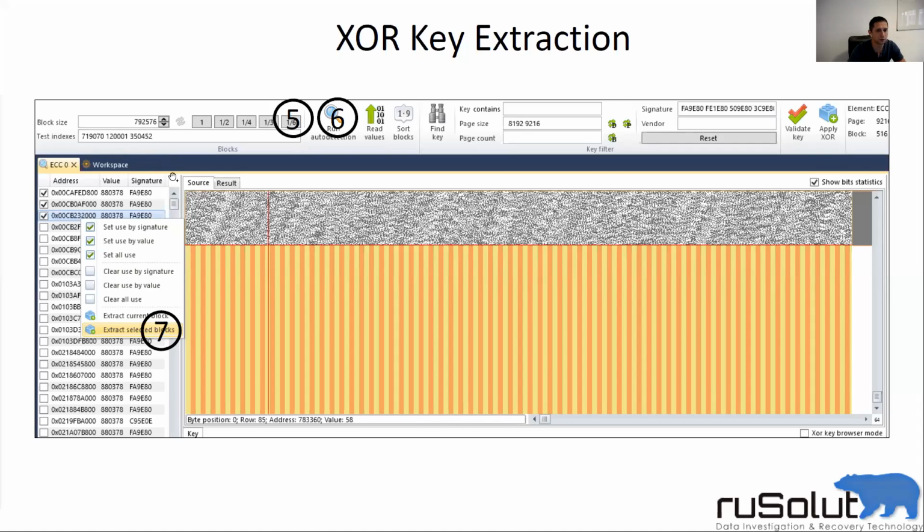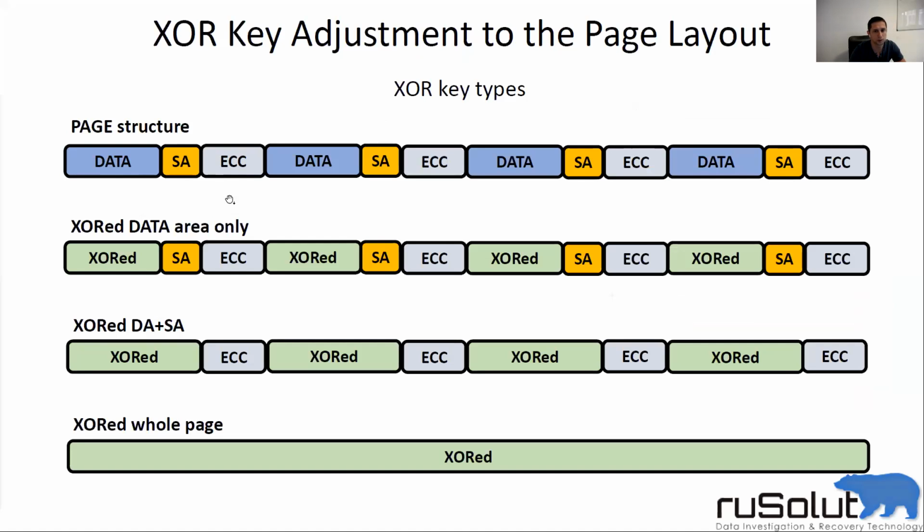The next topic: what kind of XOR keys we may have. There are different XOR key types, and one of the most popular that we usually see is when only the data area is XORed. This is a typical page structure of, for example, some Phison and Toshiba controllers.